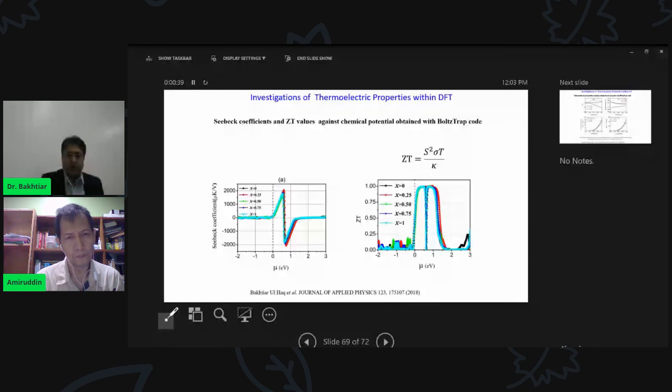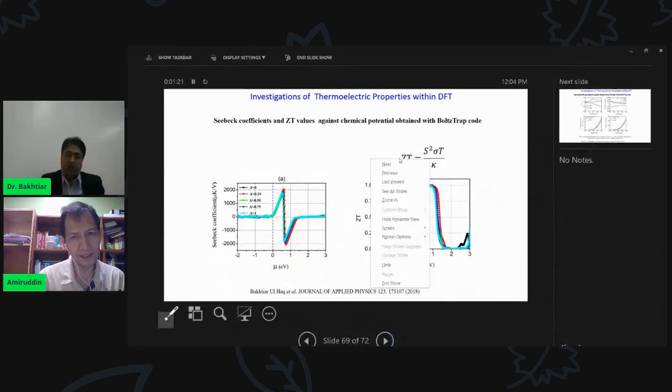Similarly, for the thermoelectric properties, we use the BoltzTraP code. But for this code also, the results should be obtained either from the Wien2K code or even the Siesta or the VASP code. So the results for the electronic structure are first obtained from these codes, and then they are incorporated into the BoltzTraP code to obtain the thermoelectric results.